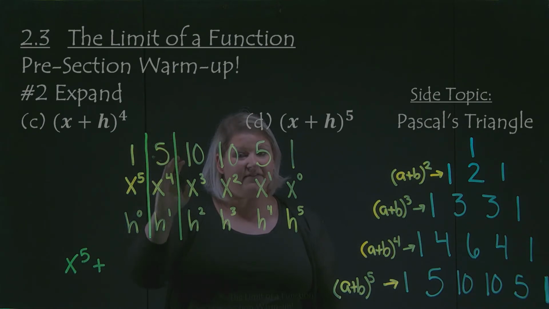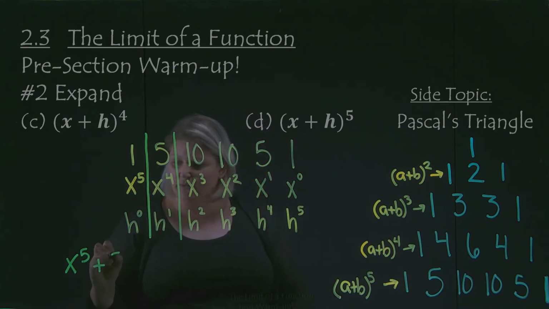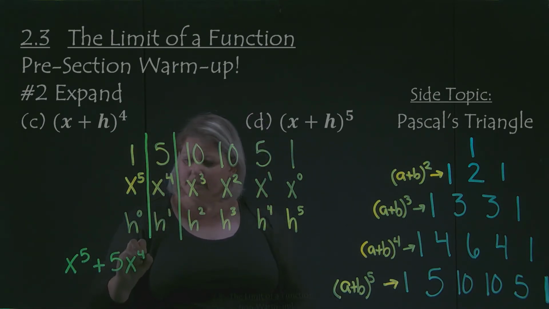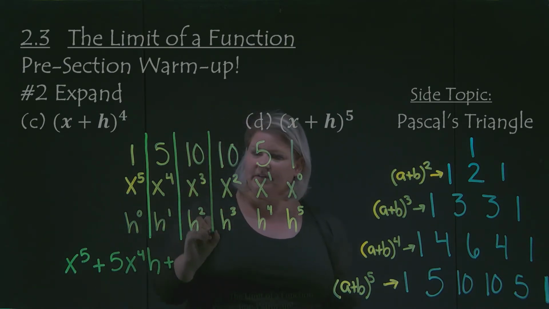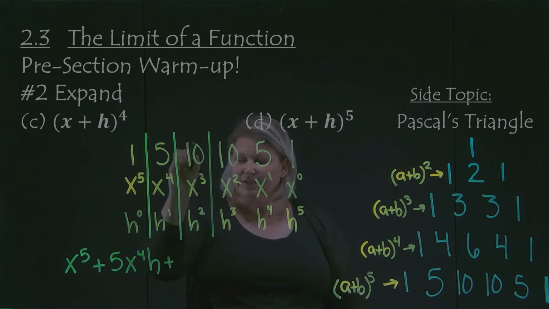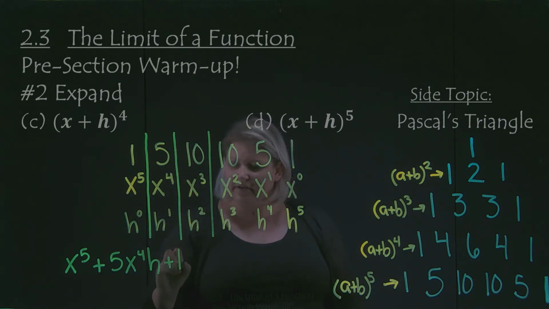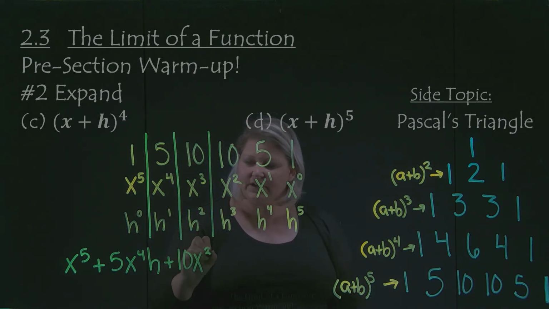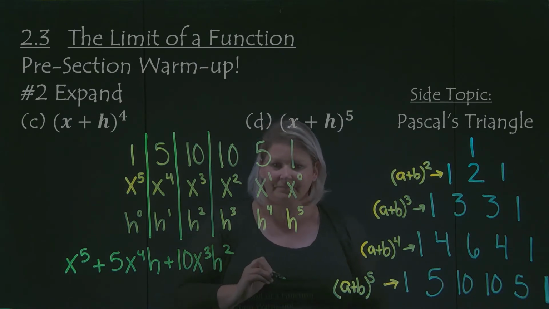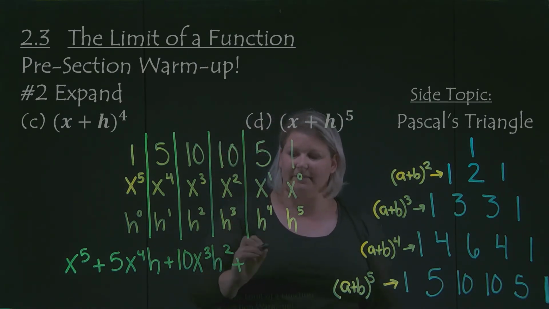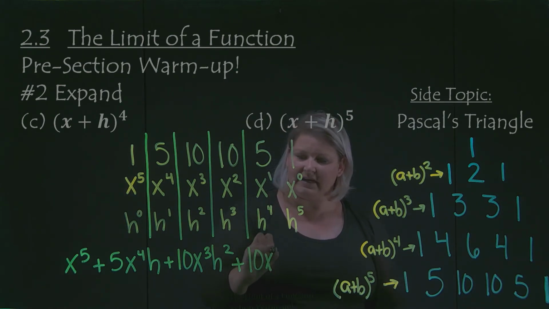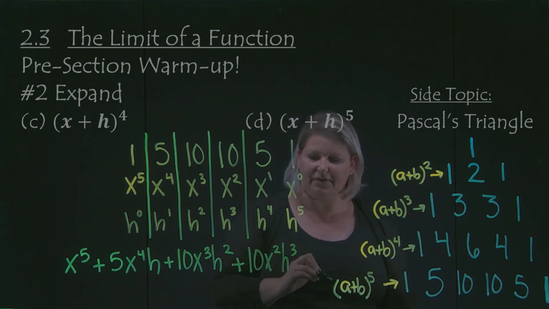So 5 times x to the 4 times h to the 1. And I'm going to add to that the third column. So 10 times x to the third times h squared. And then I'm going to add to that the next column. 10 times x squared times h to the third.